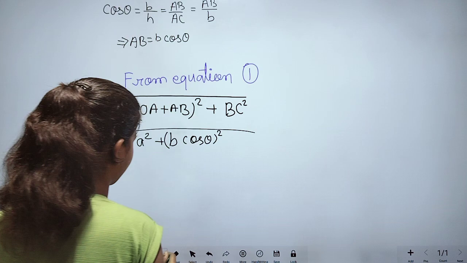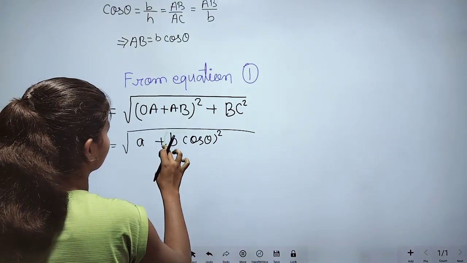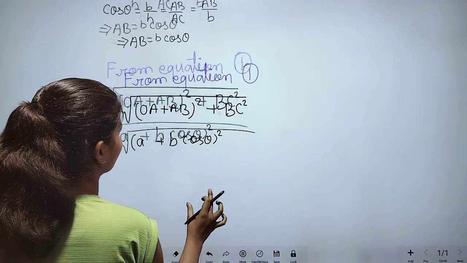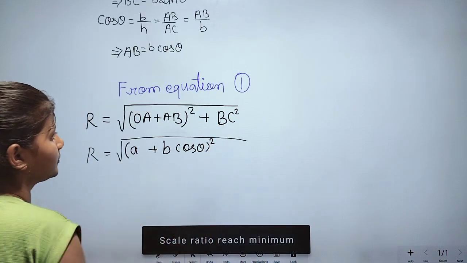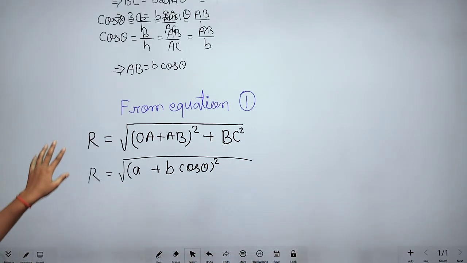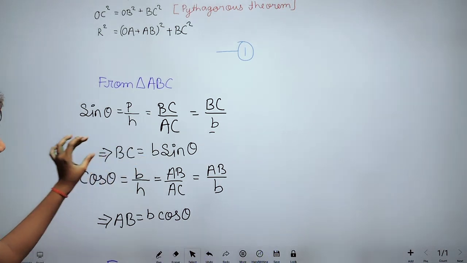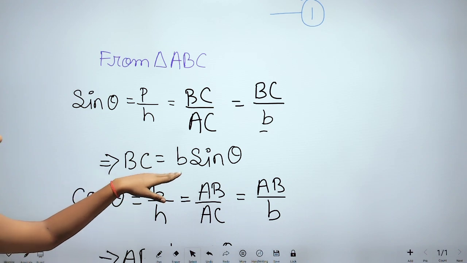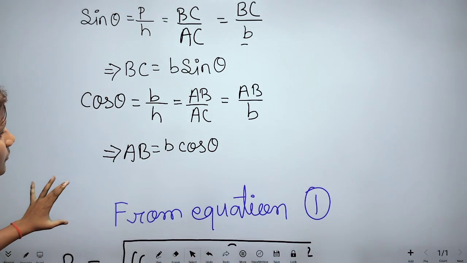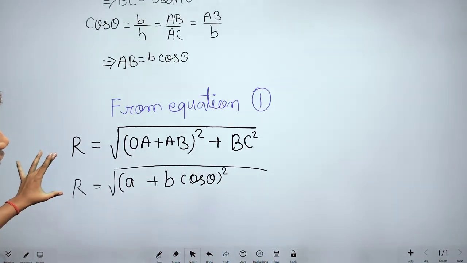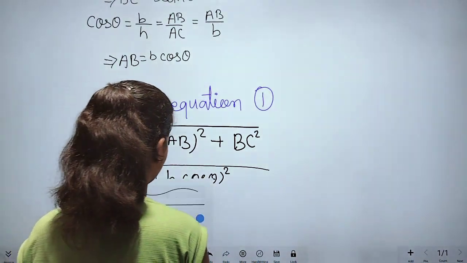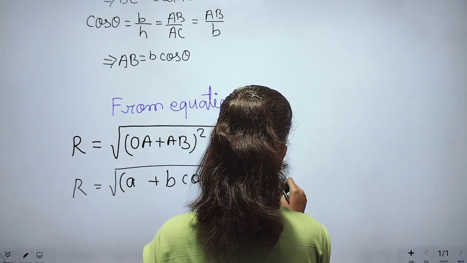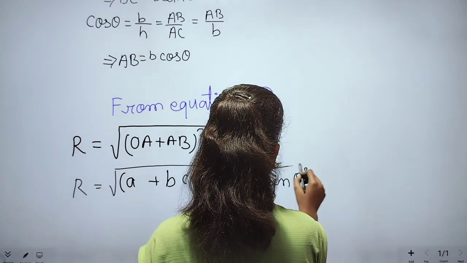And in the place of BC, we can write B sin theta, so plus B sin theta square.